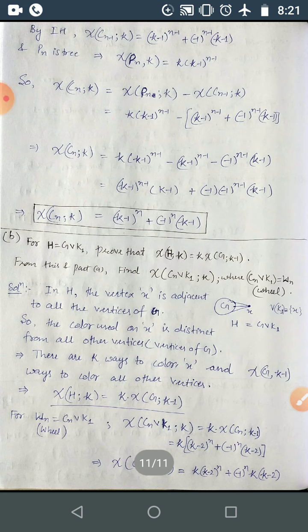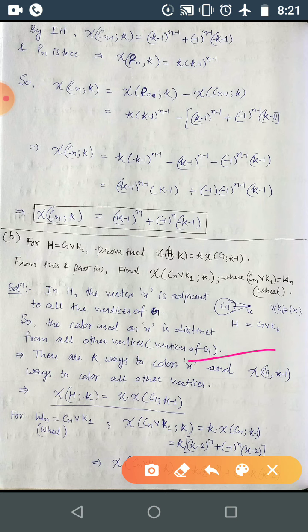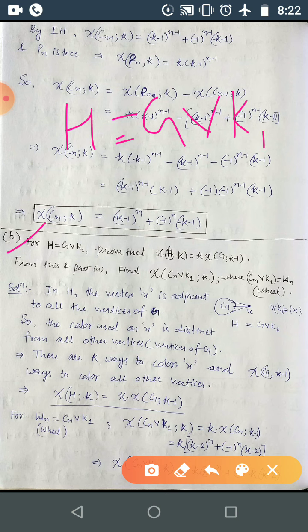Yeah, this was done. Now come to part B of last question. So here it is given H is the join of G and K1. So G is some graph, and H is the join of G and K1.